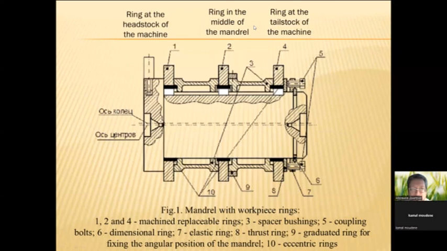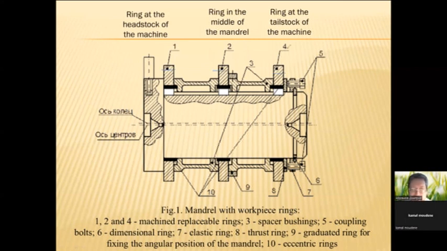In this slide, you can see the mandrel with workpiece rings. This mandrel is like a workpiece on the lathe. We use 3 rings, 1, 2, and 4: 1 ring, 2 ring, and 4 ring.